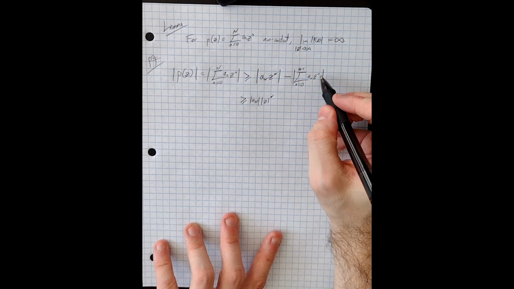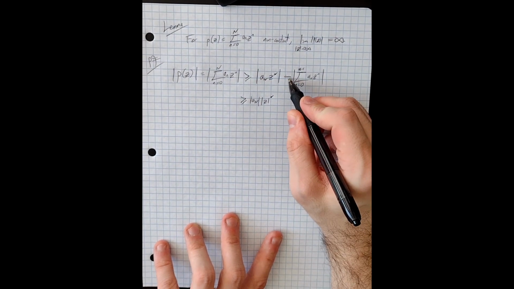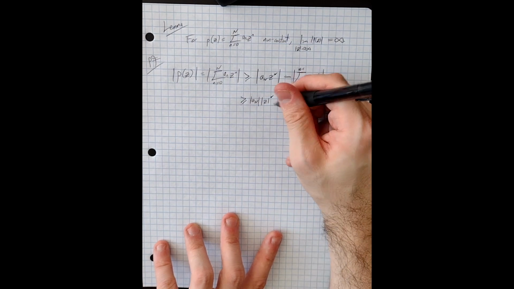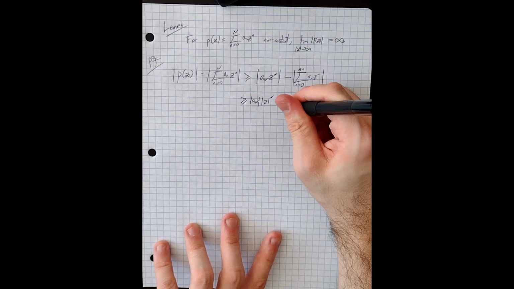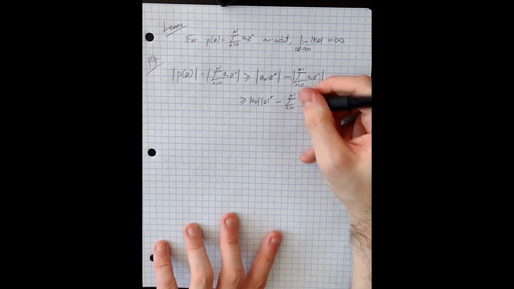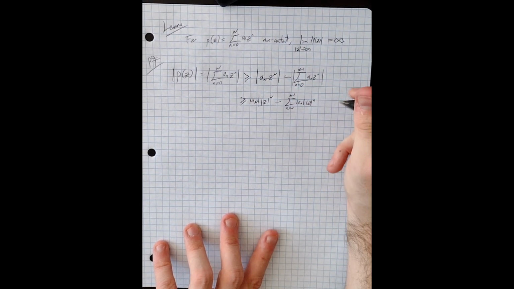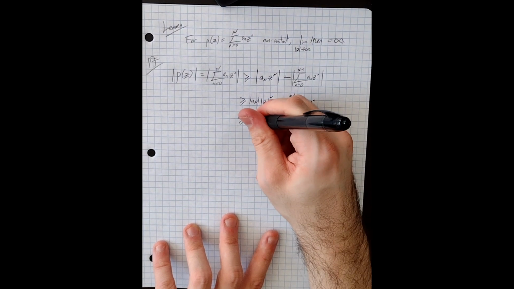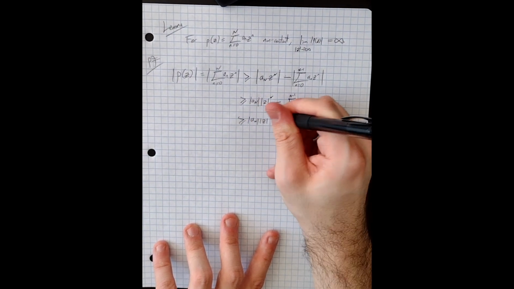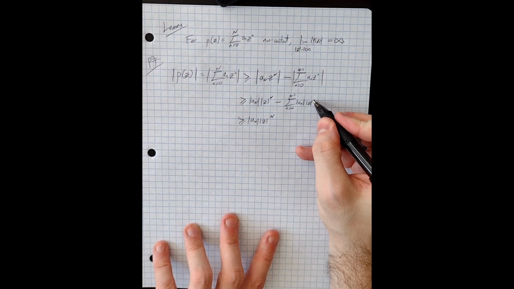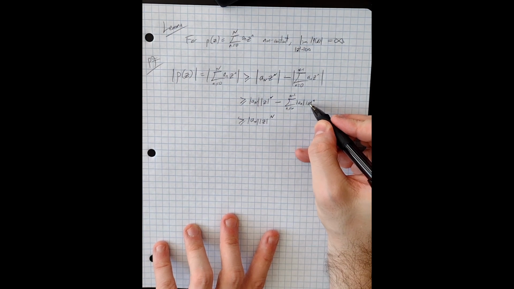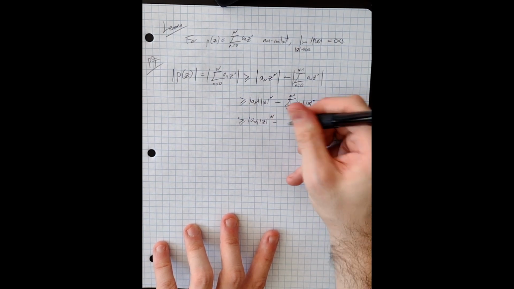We're going to use the regular triangle inequality here, but it's negative, so the absolute value still works the way we want. And then if z is bigger than 1 in magnitude, then the largest z to the k can be is z to the capital N minus 1.